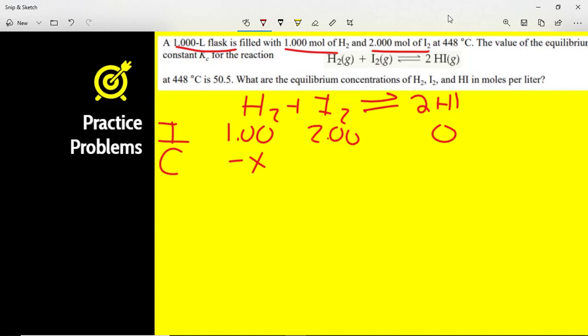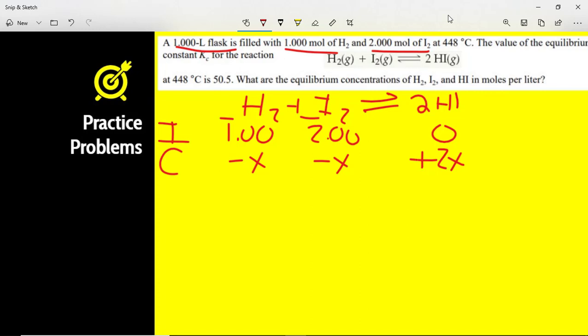Because these are the same mole ratios as our coefficients, we're going to lose this much of I2, and because we get twice as much product, we're going to gain 2X of HI. We call that X.